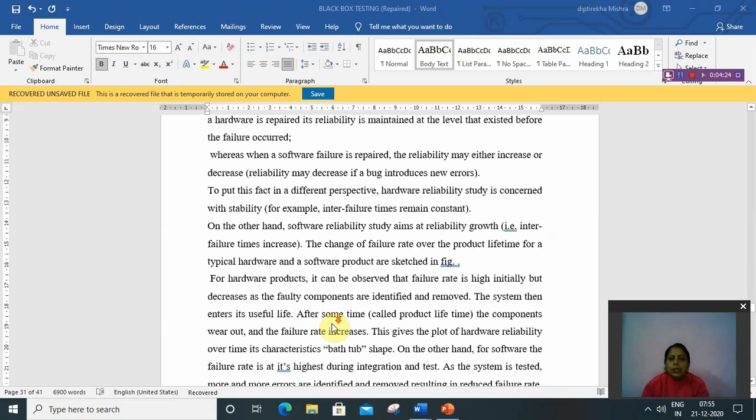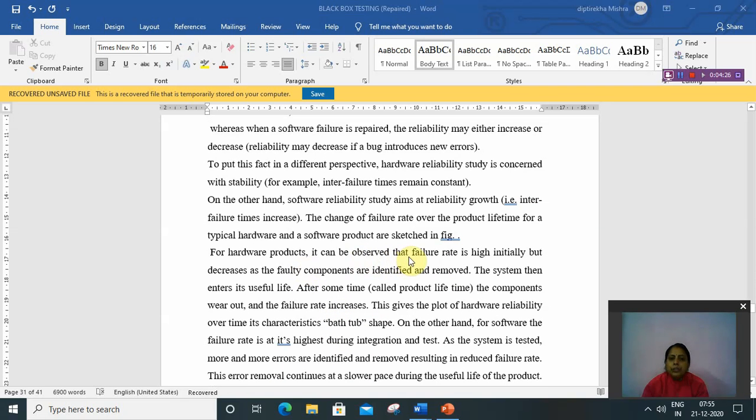For a hardware product, it can be observed that the failure rate is high initially, at the starting stage when the hardware comes to the market or in the testing stage, because it has many faults. Initially the failure rate is high but decreases as the faulty components are identified and removed from the hardware. The system then enters its useful life, a stable life without any fault, and after some time the components wear out.